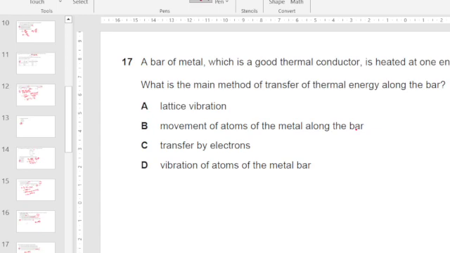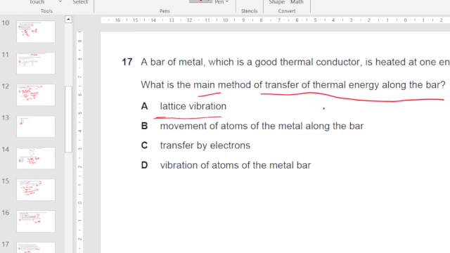And the 17th question, a bar of metal which is a good thermal conductor is heated at one end. What is the main method of transfer of thermal energy along the bar? Lattice vibrations will be there, but it won't transfer the thermal energy mainly.